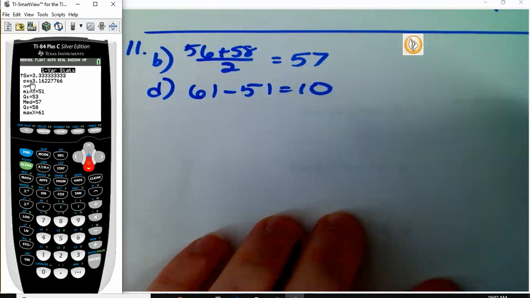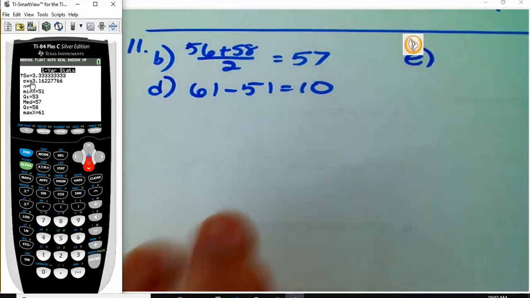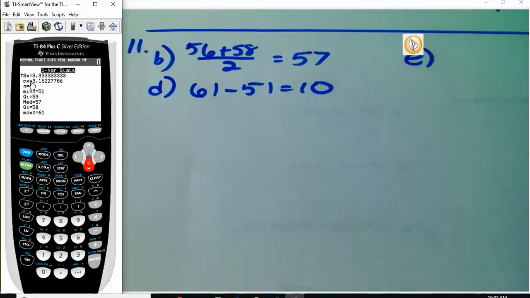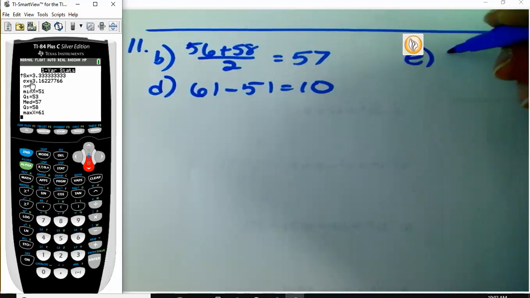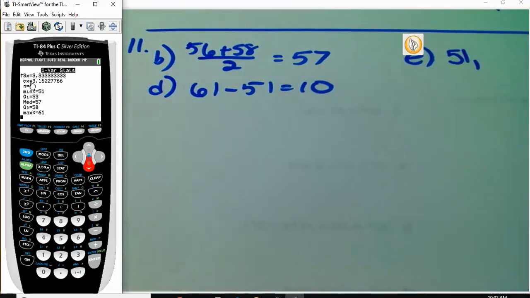E, 5-number summary. So you have to know what those 5 numbers are, but lucky for you, it is on your formula sheet. The first number is your minimum. So my lowest value was a 51. Second number is quartile 1, which we haven't calculated, but it's just the median of the lower half.